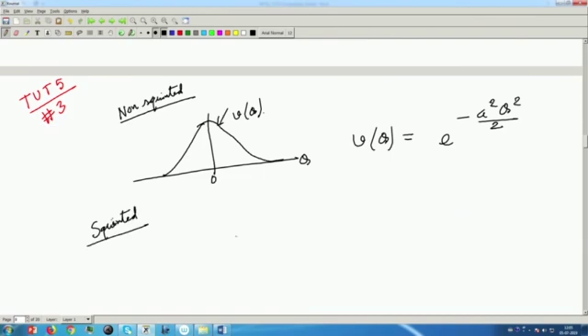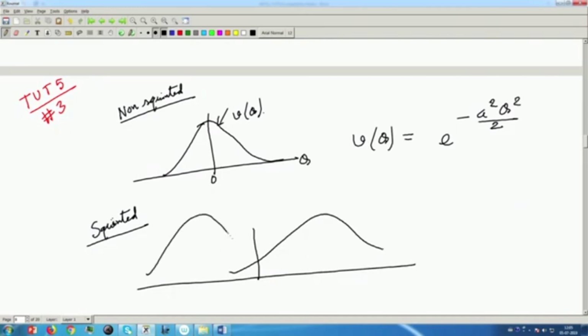Now, when it is squinted, let me draw that pattern. One pattern will be something like this, the other pattern will be something like this, and this one will be called V theta minus theta squint, this is V theta plus theta s, and this is the crossover point. So, again this is theta.